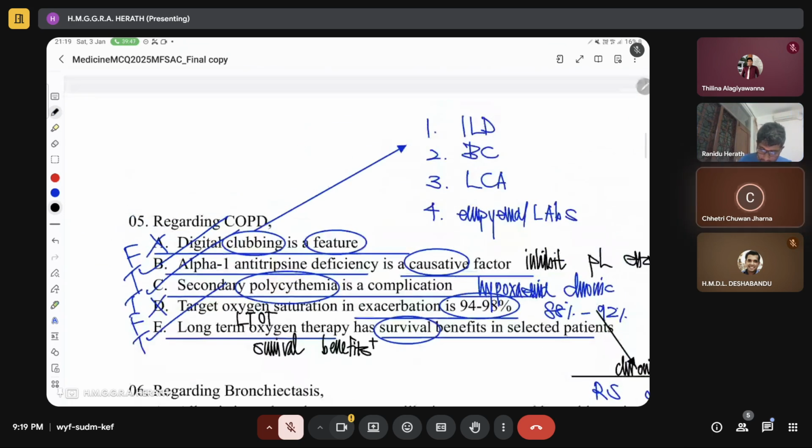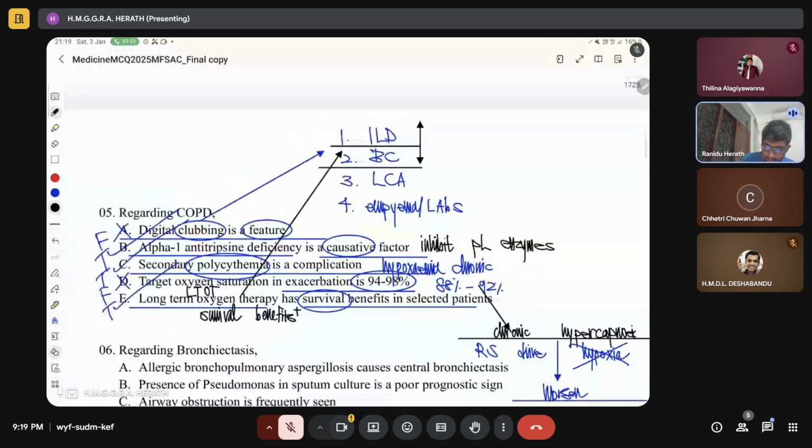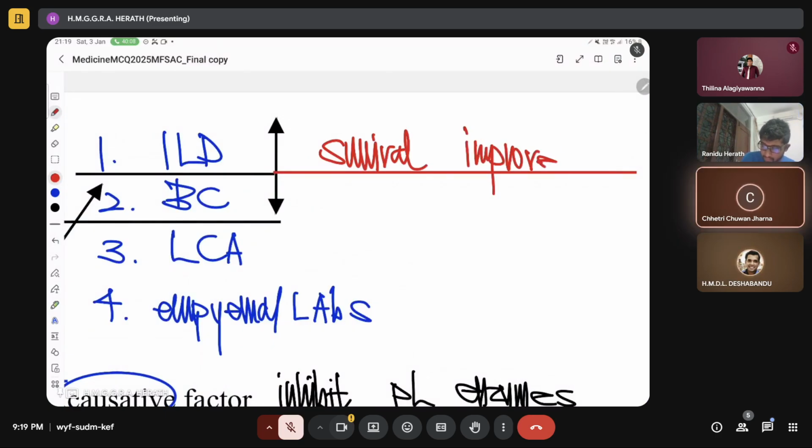Any chronic lung disease, including interstitial lung disease, bronchiectasis. Does it improve survival in these diseases also? Yes, it does improve survival in these conditions also. Understood?